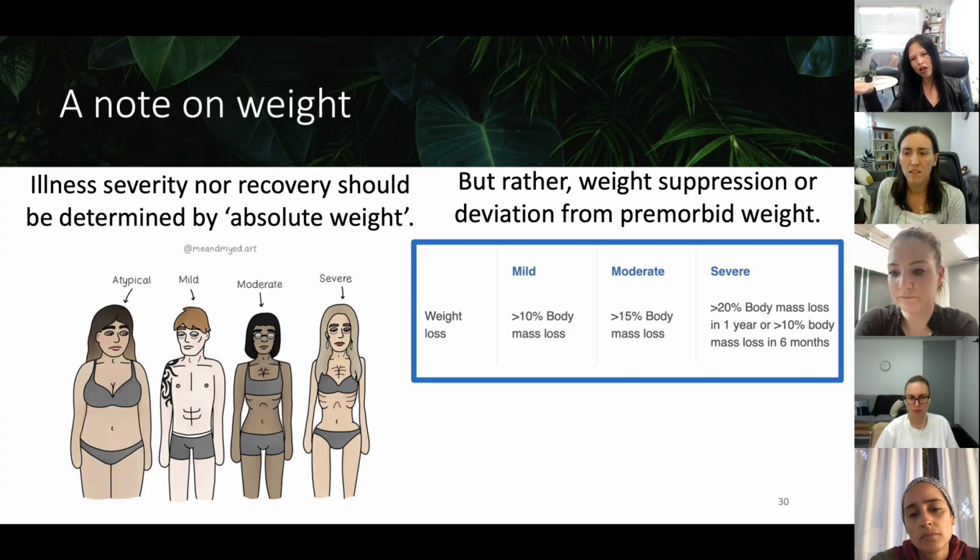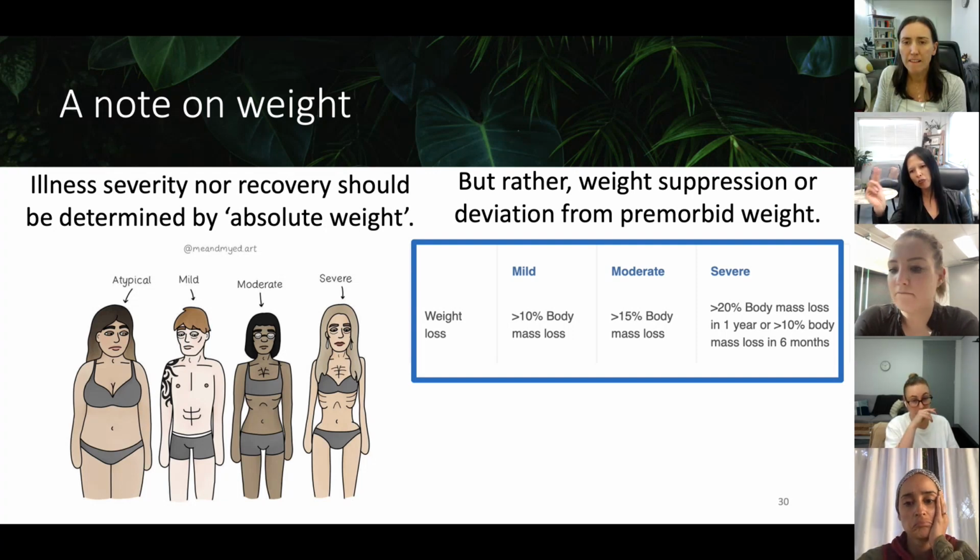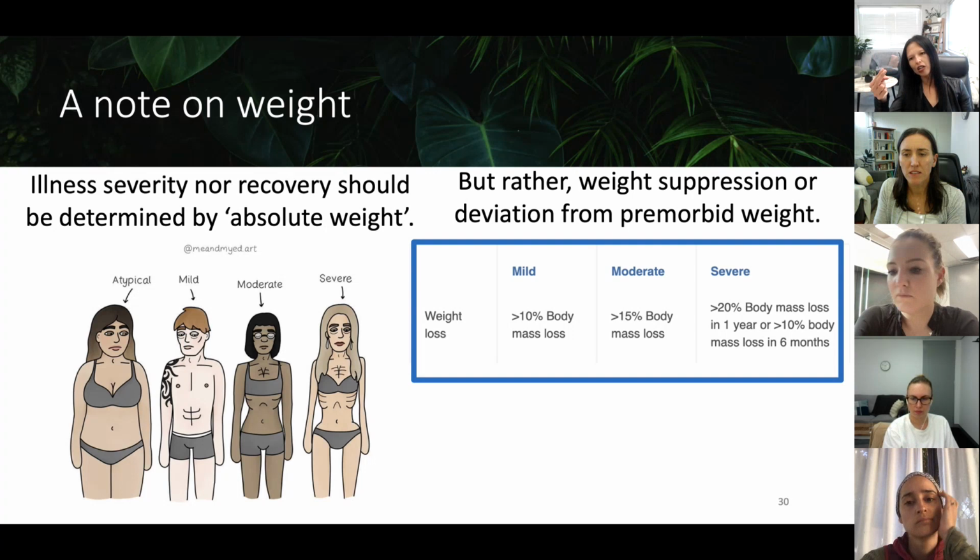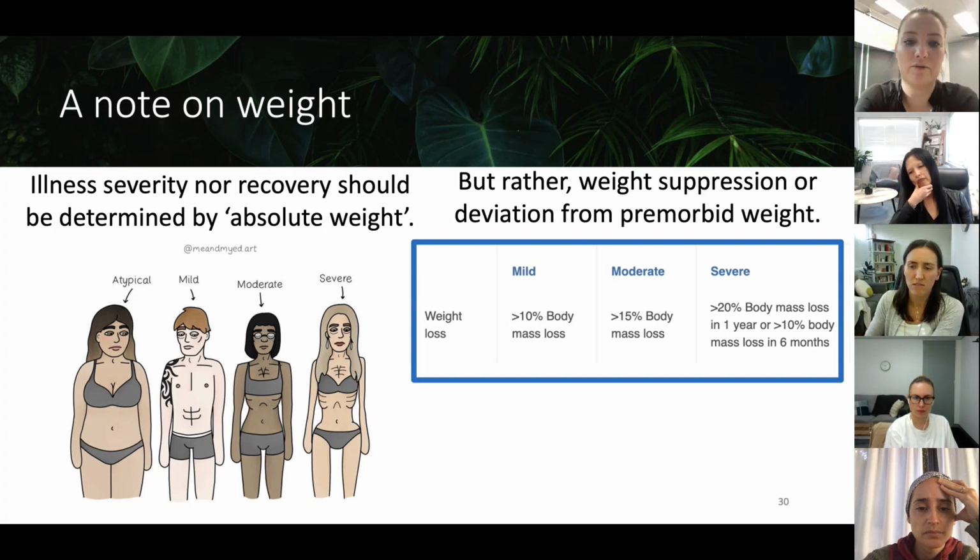A drop in your BMI is usually caused by a drop in your weight, but I'm just saying for some people they're two slightly different measures. Percentage of expected body weight or percentage of BMI lost are two slightly different measures. Yeah, and when I read body mass lost, I was thinking body mass in terms of weight, not specifically body mass index lost.